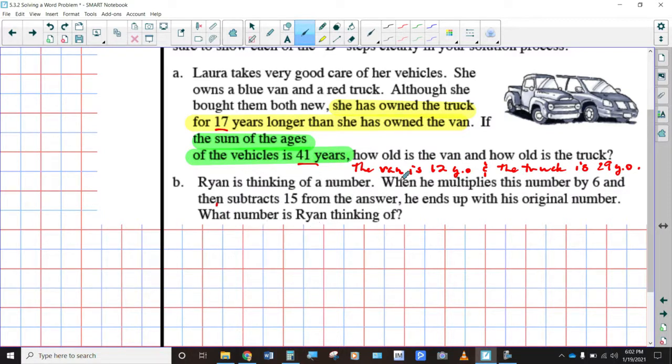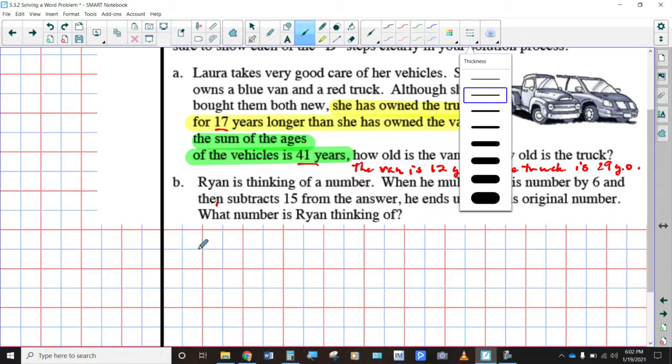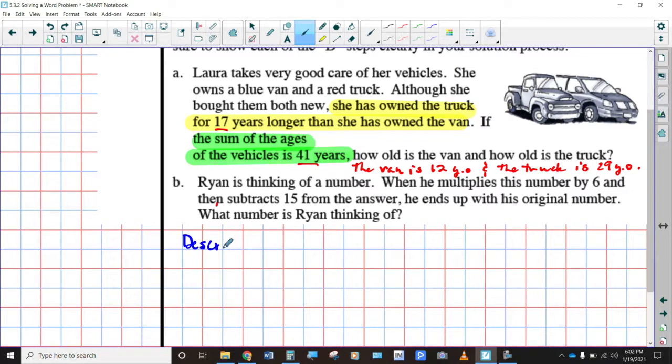So let's just think about this for a second. If we describe what we got going on here, we know we've got a number. Let's go ahead and describe and define at the same time. We don't know what the number is, right? But we do know that there's a process where you take that number and you multiply it times 6, and then you subtract 15 from that number.